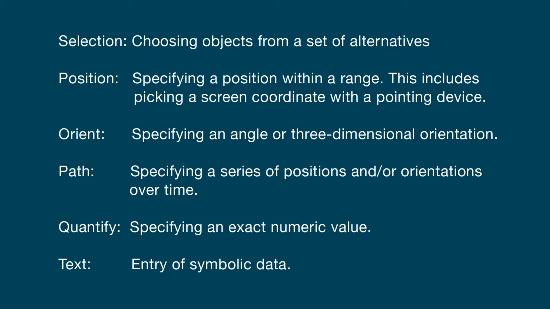This includes picking a screen coordinate with a pointing device; orient, specifying an angle or three-dimensional orientation; path, specifying a series of positions and/or orientations over time; quantify, specifying an exact numeric value; text, entry of symbolic data.